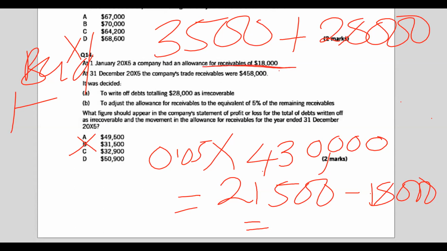So that when that is done, it gives us 3,500. Then we add it to the bad debt now. The bad debt and the allowance for receivables are recorded together in the profit and loss account. I get it. Thank you.